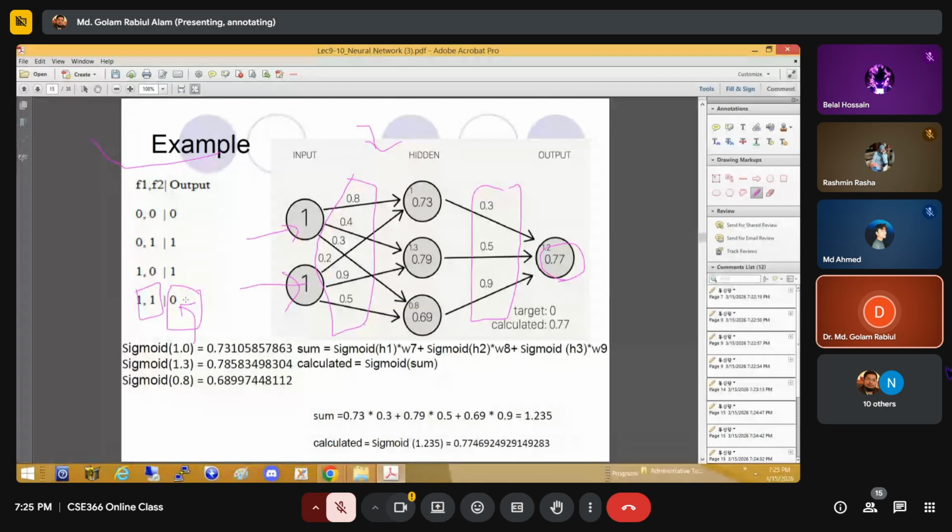But we got 0.77. That means we have just trained the network in the first phase, or first iteration, first epoch. That's why the result is too far from the original. The original is 0, but it returns 0.77. So we have to continue with the second iteration, third iteration, fourth iteration.